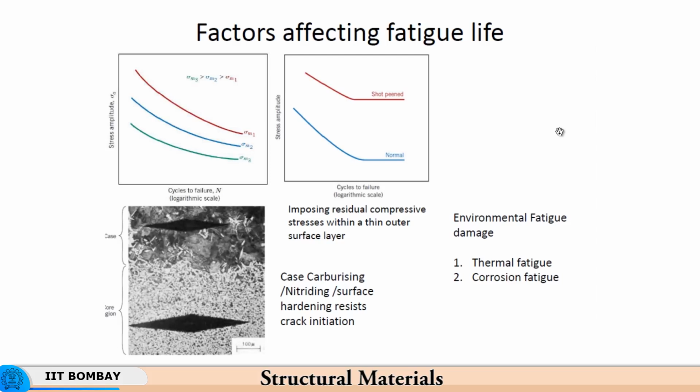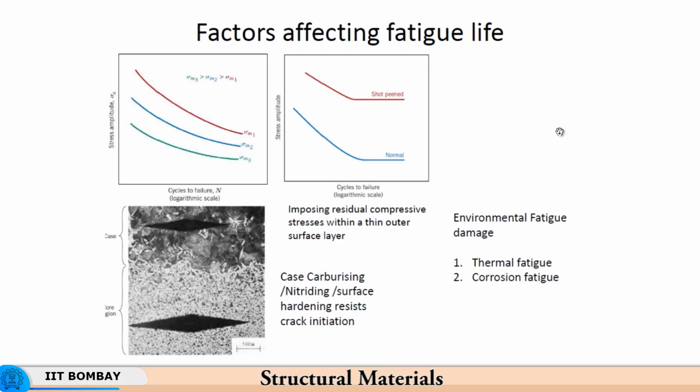So, corresponding to sigma m1, which is the lowest of the mean stresses, the maximum stress amplitude, that is sigma a max, can be higher for a lower value of sigma m, that is mean stress.